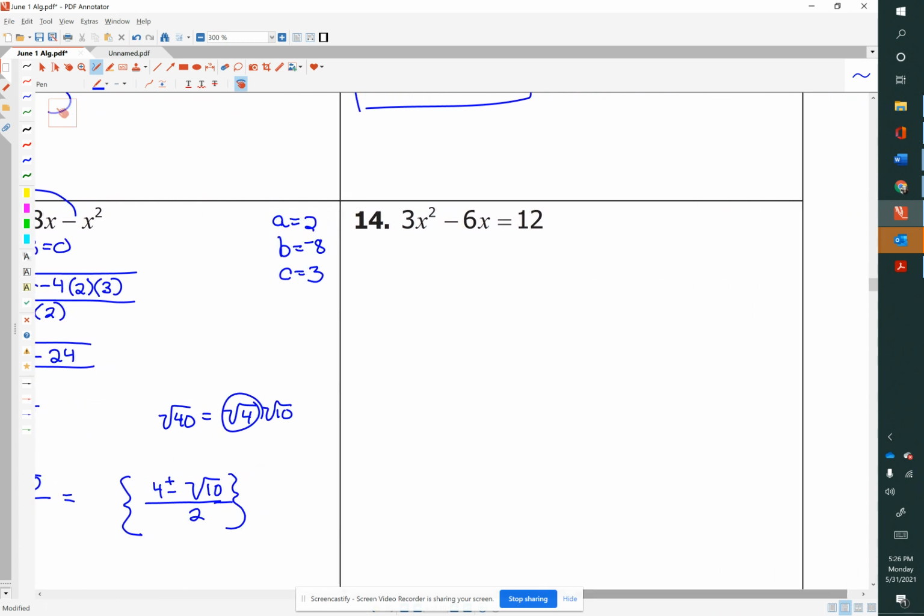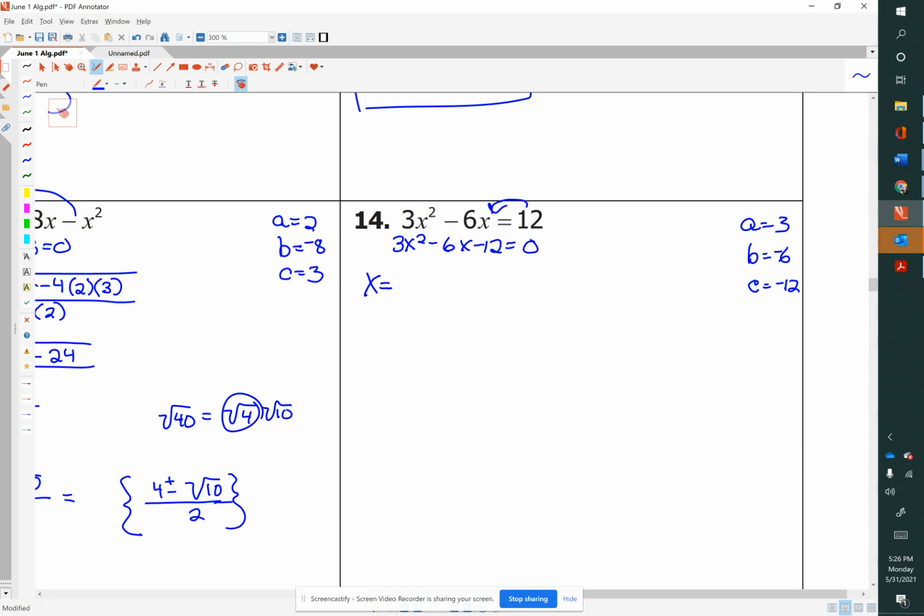And then our last problem today, we need to move the 12 over, which will make it a negative 12. So our problem will be 3x squared minus 6x minus 12 equals 0. And our A equals 3, our B equals negative 6, and our C equals negative 12. So let's start substituting.